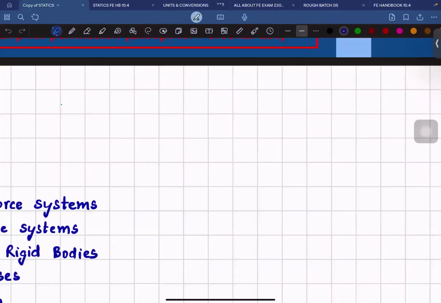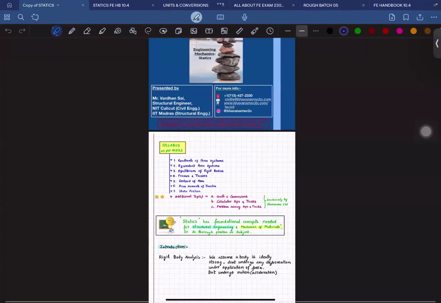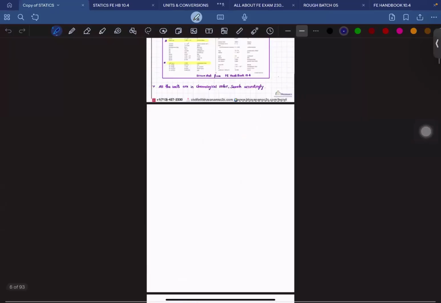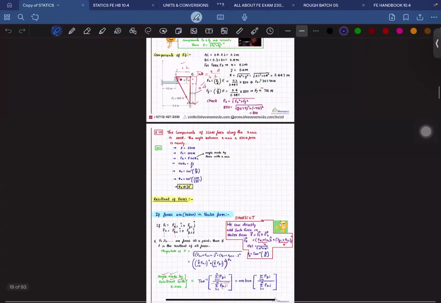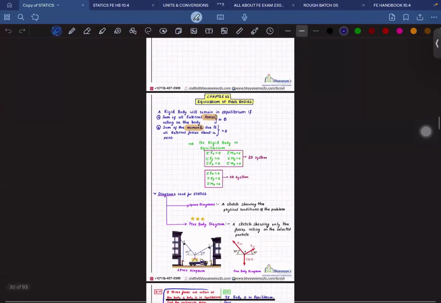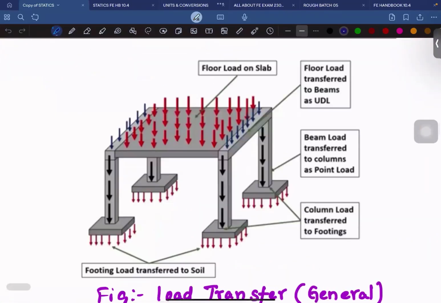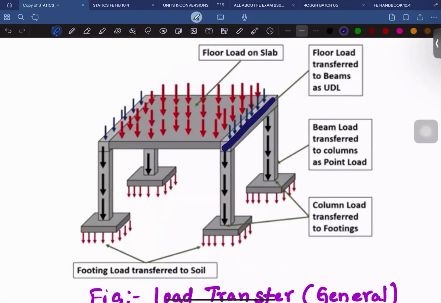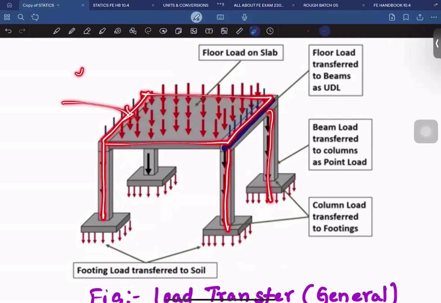If I go to the notes, I did not start the notes yet, but I will show you. You guys gave the right answer. The combination of the beams and the columns, we call this framework frames.